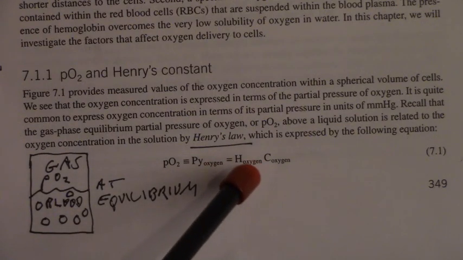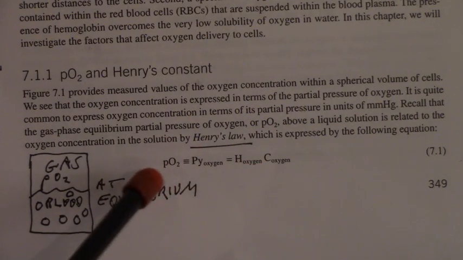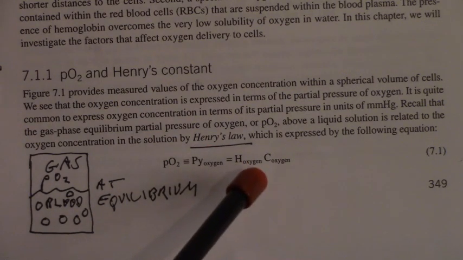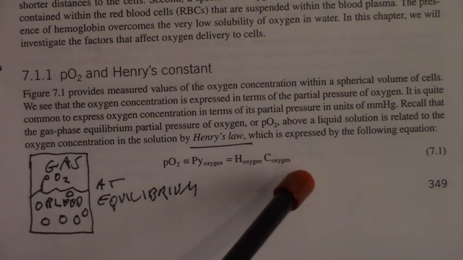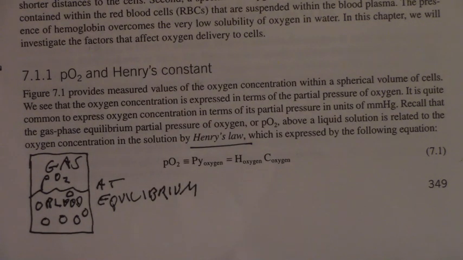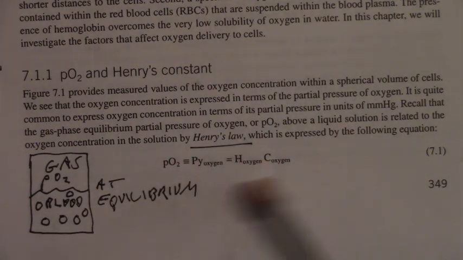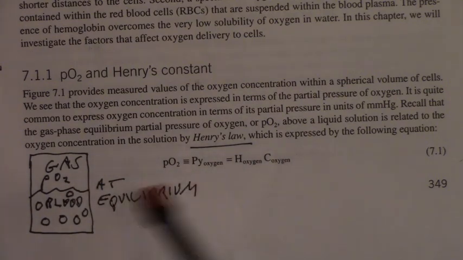If we know the Henry's constant, then when we say a situation has a PO2 of 120 millimeters of mercury, for example, if we divide that number by the appropriate Henry's constant, we would then have the dissolved oxygen concentration. So you'll have to be able to work with this equation in problems, and you'll see this happen as we go through the solutions to certain situations.